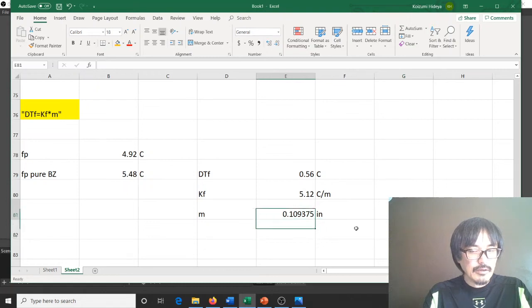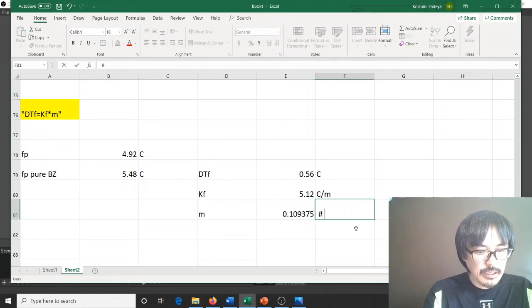So what's the number of mole? This is the number of mole, right? I should probably put the number of mole of solute in.